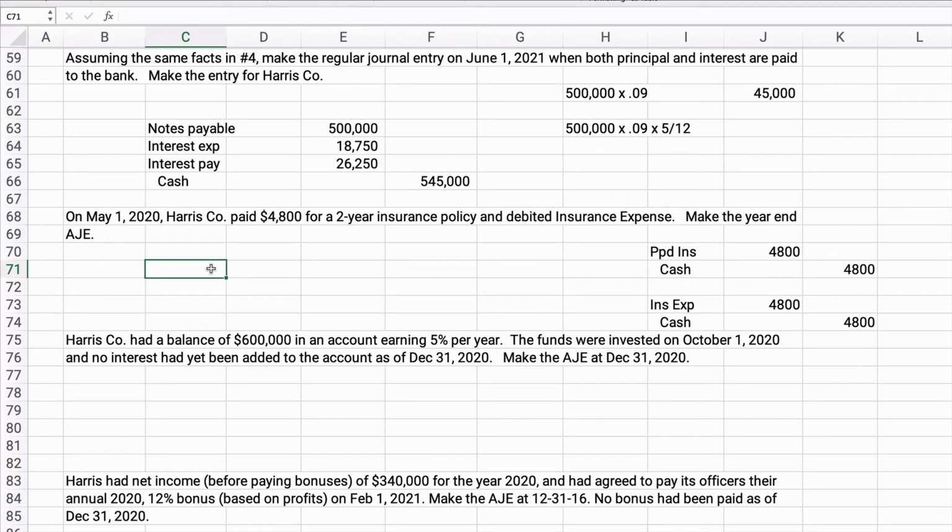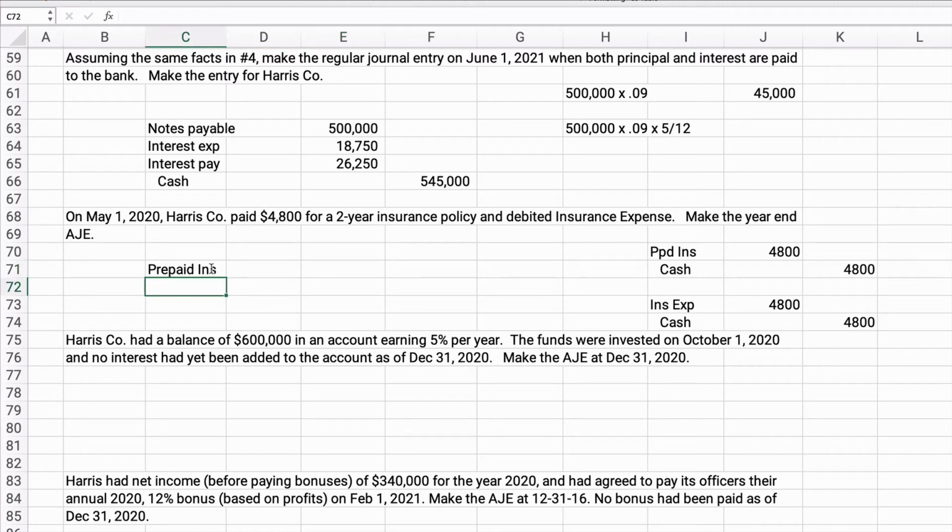So we have all of May, June, July, August, September, October, November, December. So that's 8 months. So we're going to debit prepaid insurance. I had to abbreviate it earlier. I'm going to write it out here. Well, what's the amount?